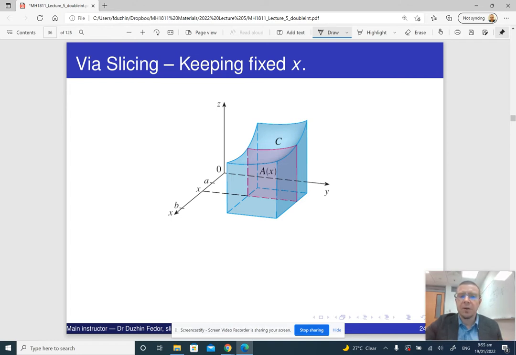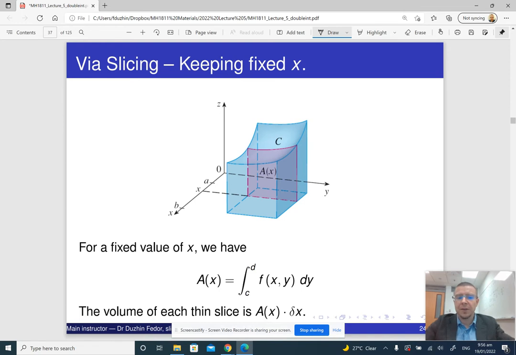For a fixed value of x, if we consider the cross-sectional area, the slice area of our volume, then the slice area is going to be some function of x, let's say A of x. And then when we integrate it as a function of x from a to b, it runs over the entire volume and we will get the whole volume.